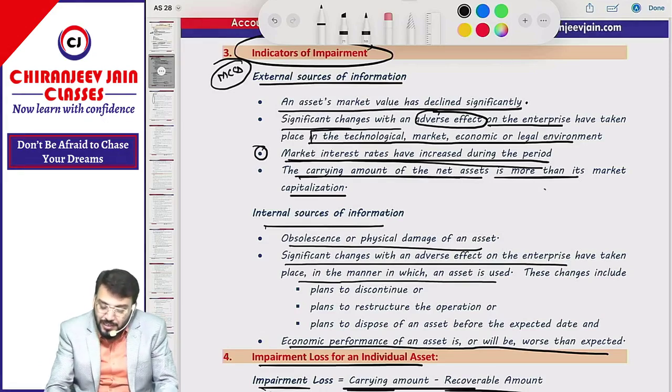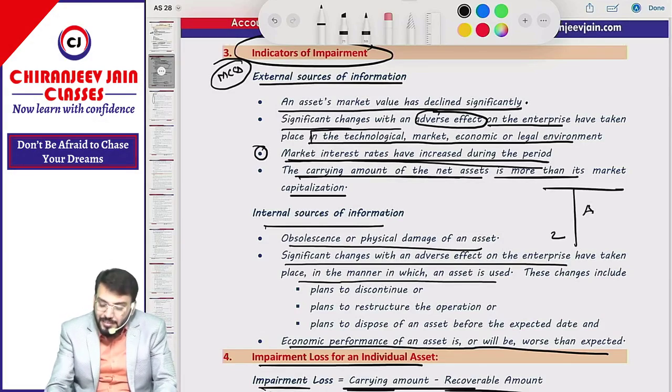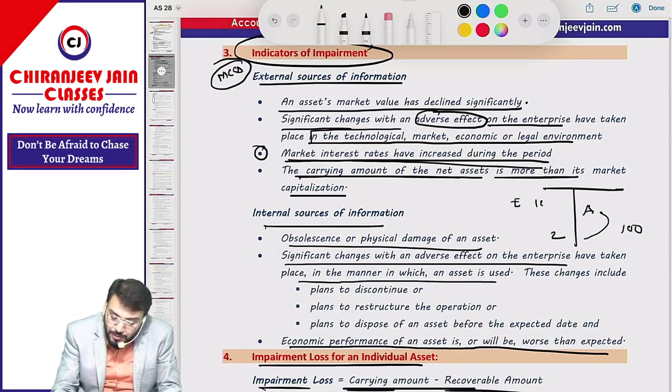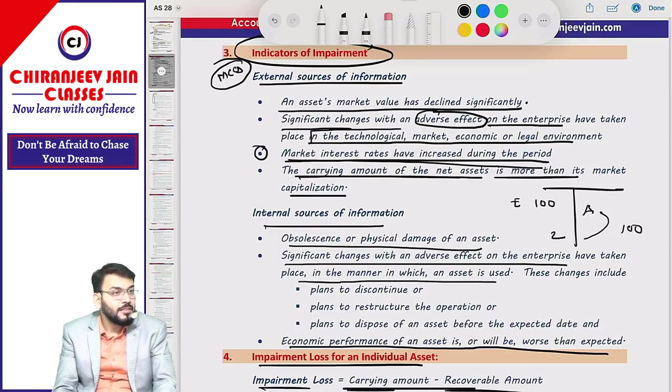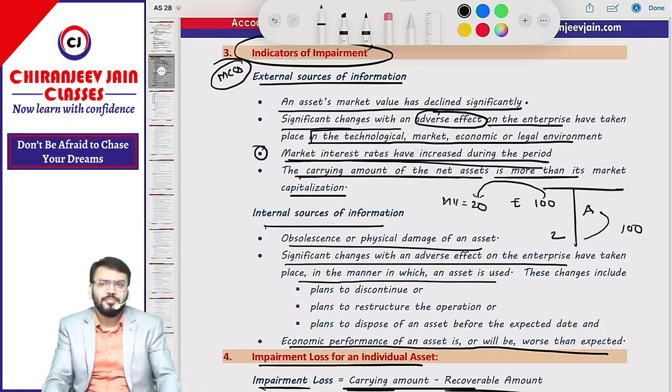Last point of external source: the carrying amount of the net asset. For example, in the balance sheet, we have assets minus liabilities. This is net asset. Suppose the book value is coming 100. So of course, can I say equity will also be 100? But suppose the market value of equity is only 20, say due to recession in the market.